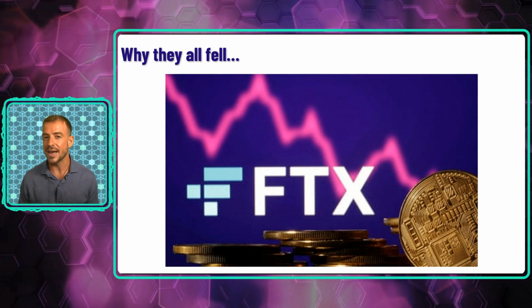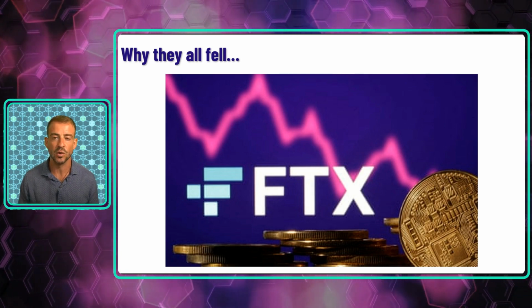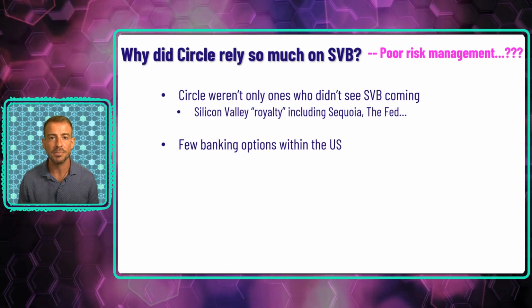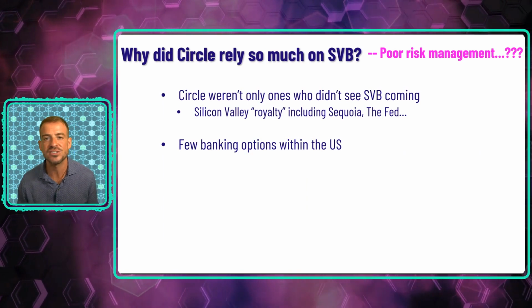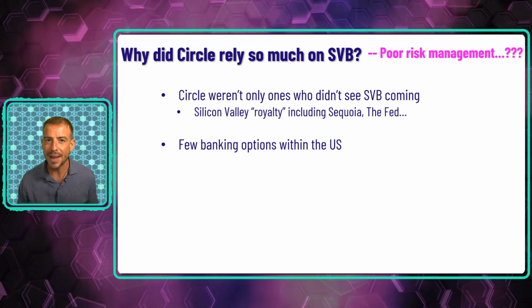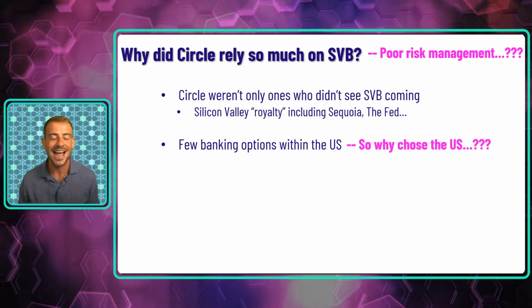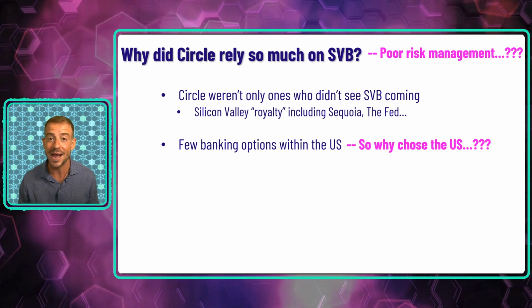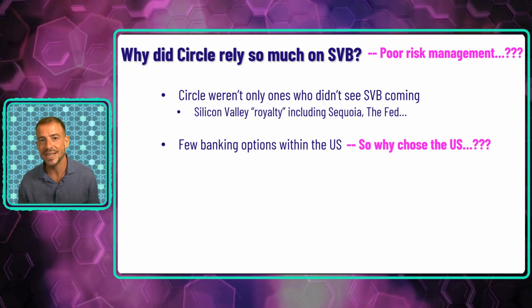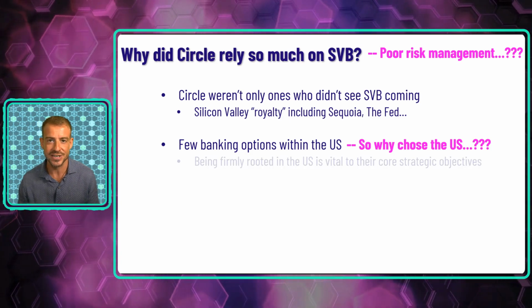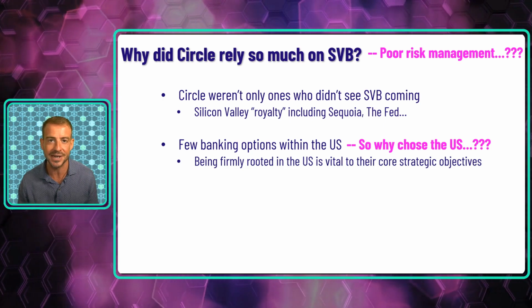Now, if we take all of that into account, I don't think it is appropriate to be pointing the finger squarely at Circle when they had so few options, all of which would have failed them anyway. Okay, well, let's counter this counter and ask, why do your banking in such a limiting and crypto-hostile environment as the US, if this is how bad things were? Well, the problem is that being firmly and transparently rooted in the US is vital to Circle's core strategic objectives.